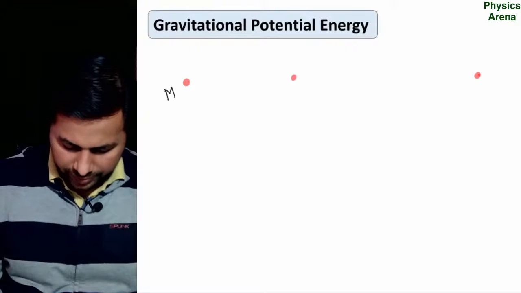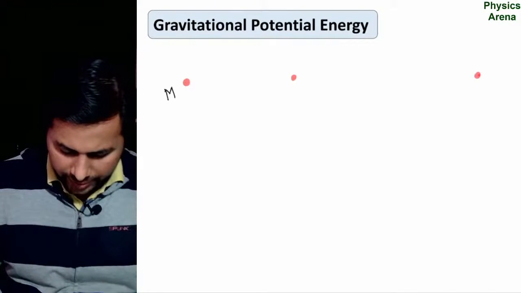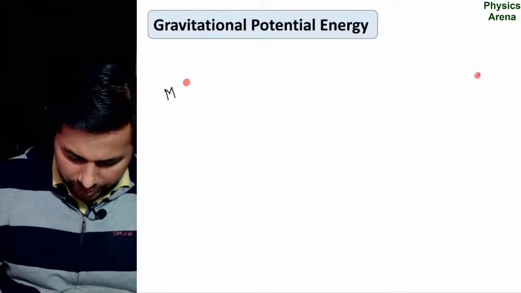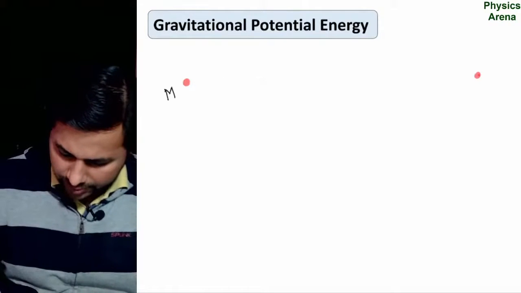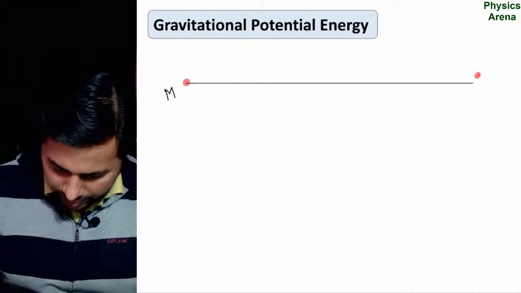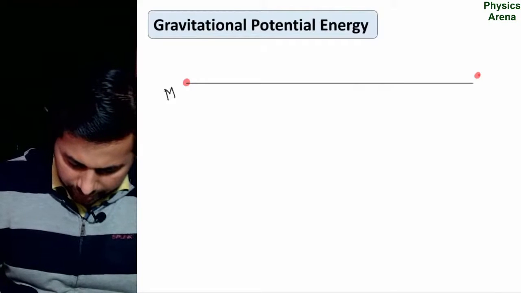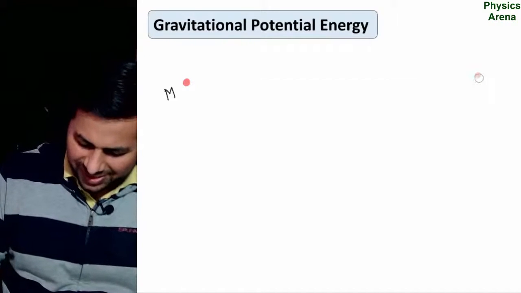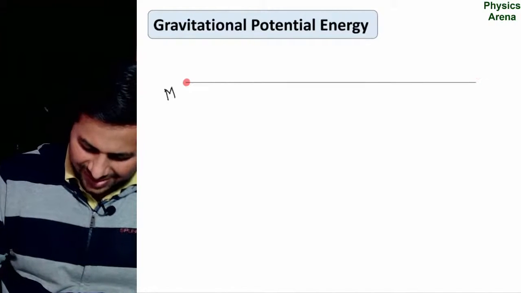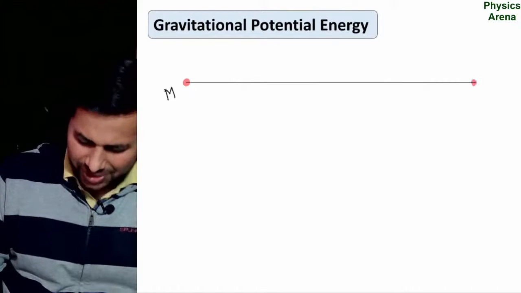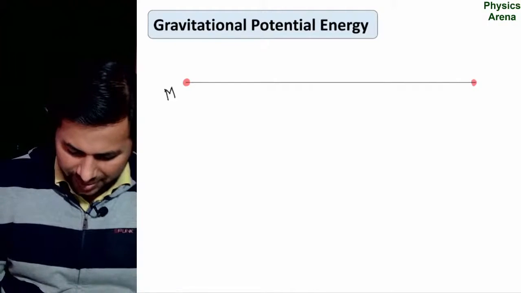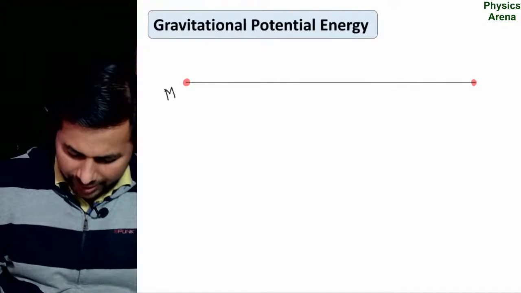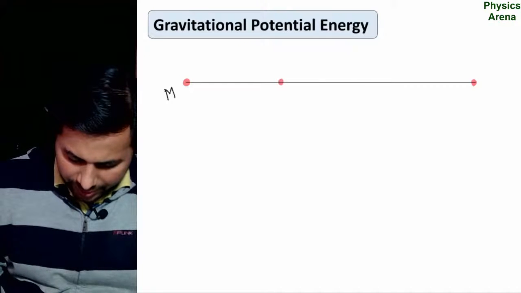Okay, let's say R. I will join this line first. So the mass is supposed to be here, and the initial distance is infinity, and I bring it and keep it over here.